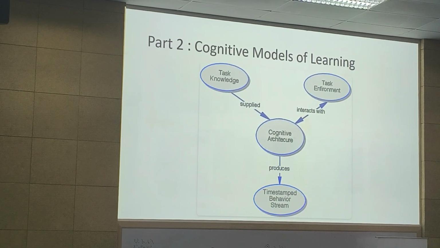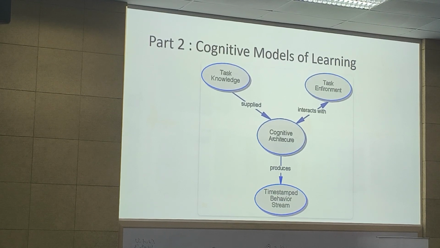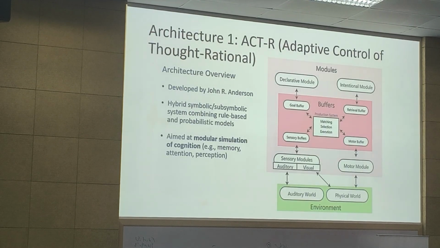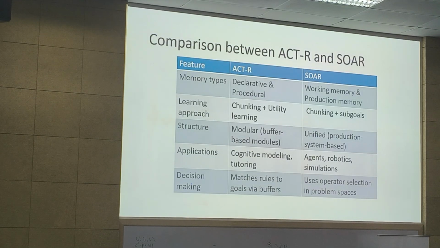The second part is on the cognitive models, coming back to do another recap of our cognitive architecture. In here, we covered two cognitive architectures. One is ACT-R, another one is SOAR. There is a difference between these two.